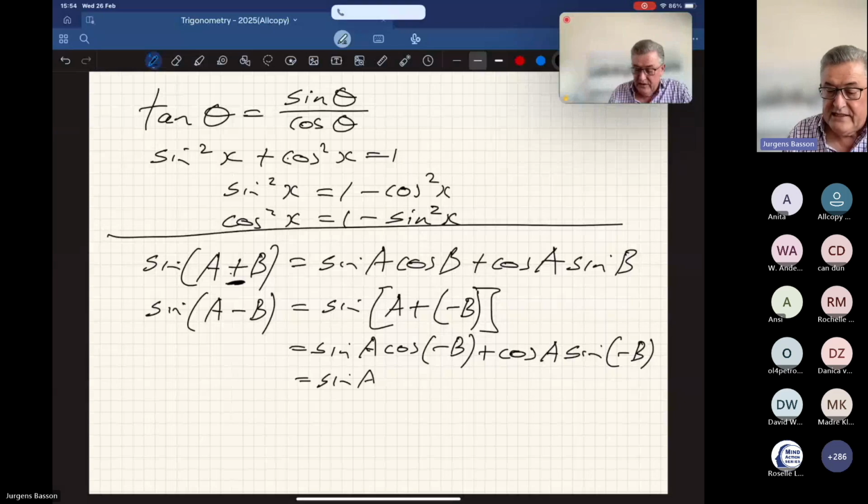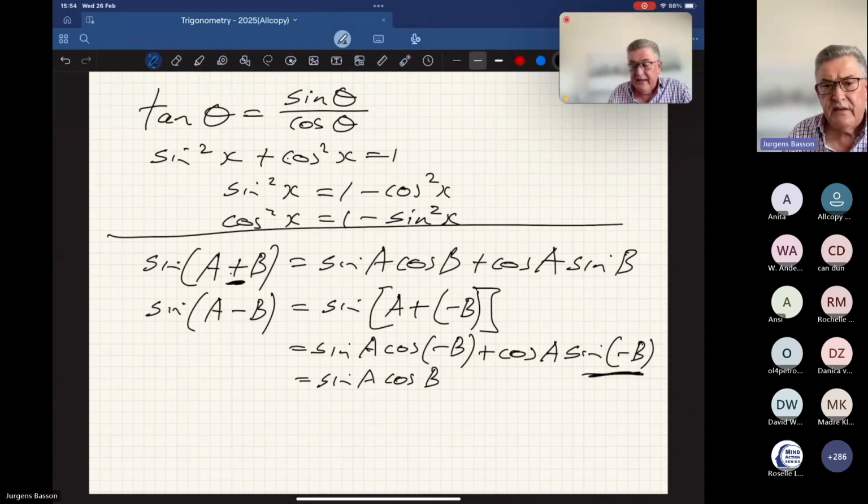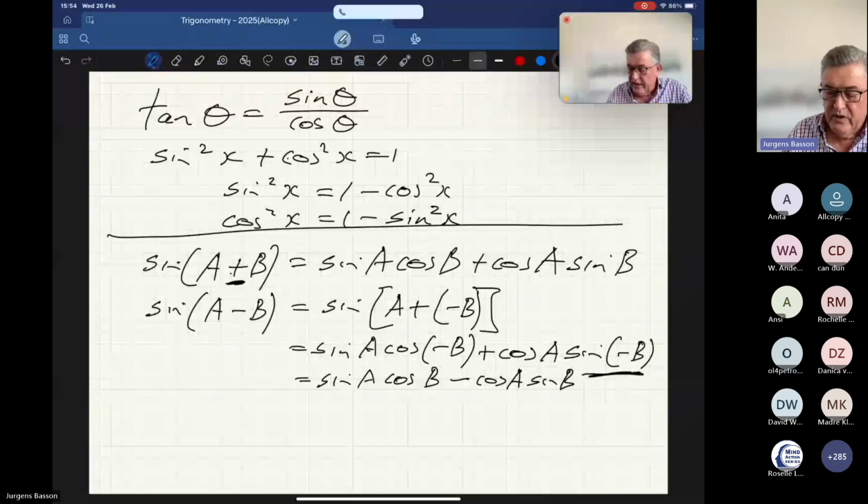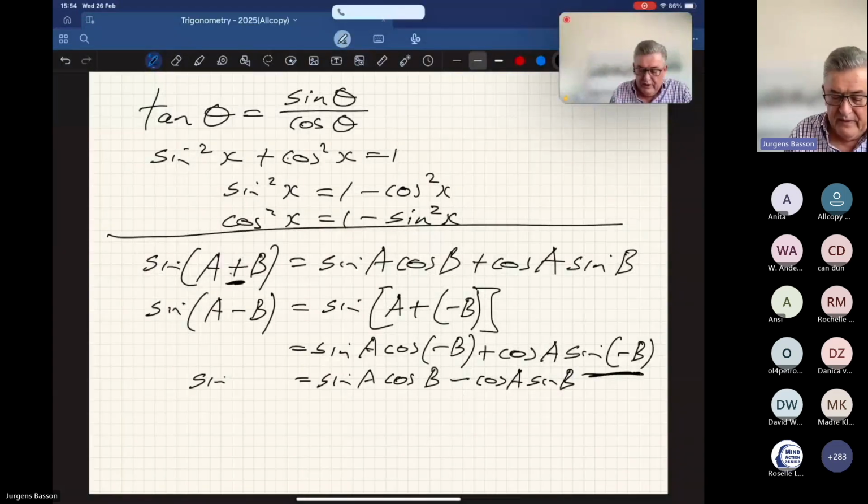So sine A stays, the cos of minus B becomes the cos of B, and then I get the sine of minus B, this one. You agree that becomes a negative sign, so this positive becomes a negative. Cos of A will stay, and then it becomes sine of B. And you all agree with me, that is the rule for sine A minus B.